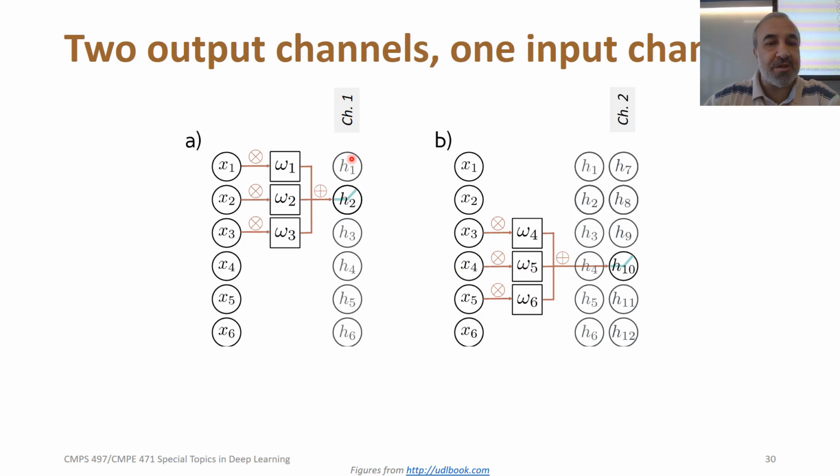So this one will produce channel 1, which is this, and this one will produce another channel in the layer. Okay, with me so far? So this is one layer with two channels. What if we apply a third kernel? We have a third channel in the layer. So one layer can have multiple channels.